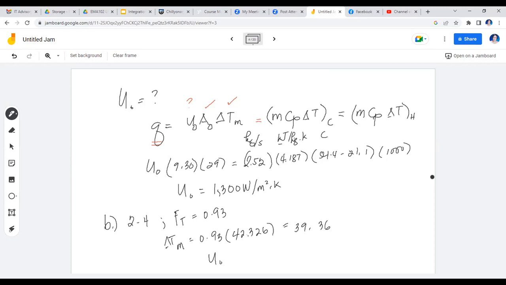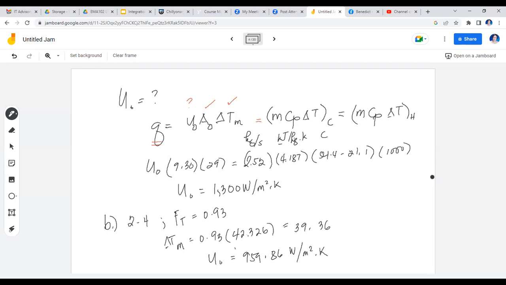We divide it by the delta T mean this time, which is 39.36, and we divide it by 9.30. So your U sub O in this case is 959.86 watt per square meter Kelvin.